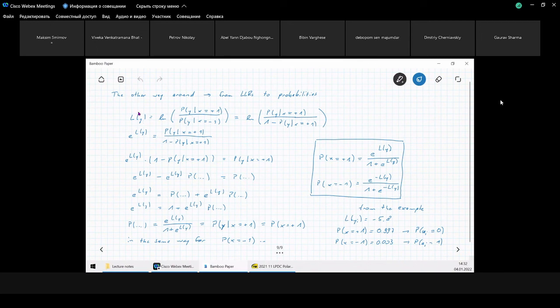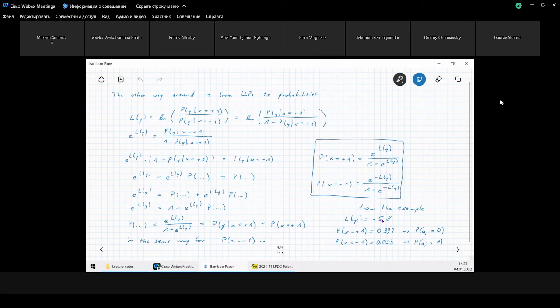If we can come from the probabilities to the log likelihood ratios, there must also be the other way around, how to come from the log likelihood ratio to the probabilities. So sometimes we might also need this one. If we know log likelihood ratios and we are interested in the probabilities, we can always calculate the probabilities. So just depending on what we are interested in.